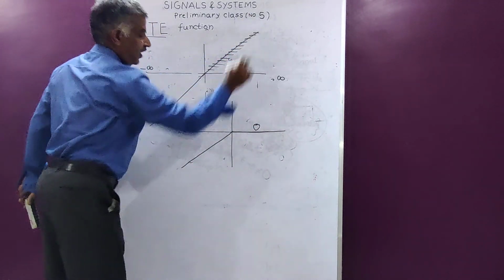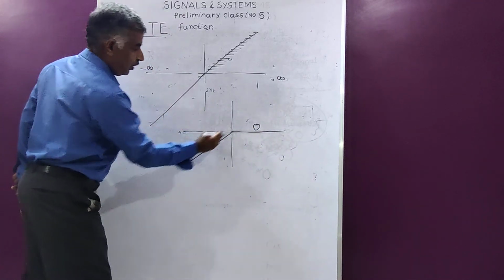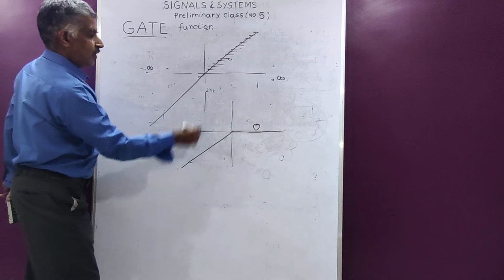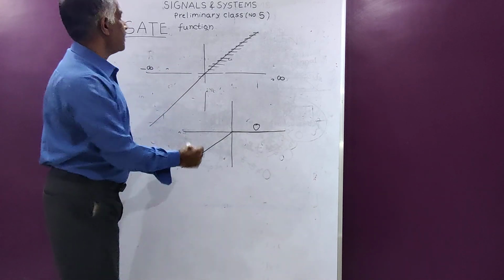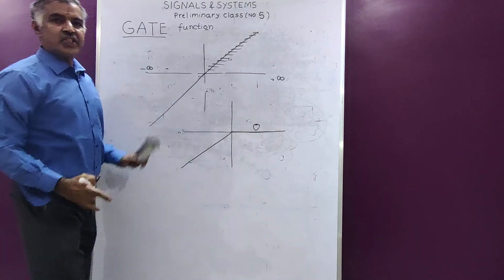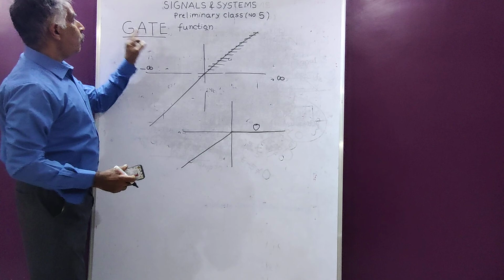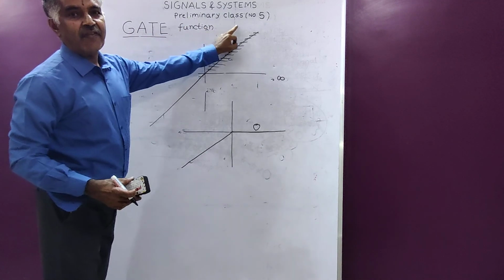After it is erased, its value becomes 0. Now only for negative values of t does the function remain. So the changeover from this figure to this figure is possible using a function called gate function. In the next class, I will explain how to write a gate function and how to do what is known as graphical erasing.